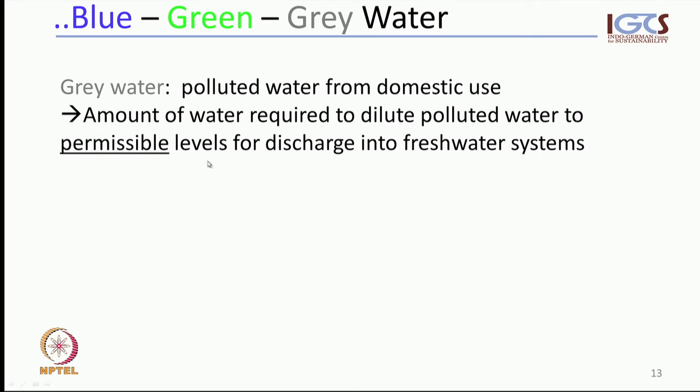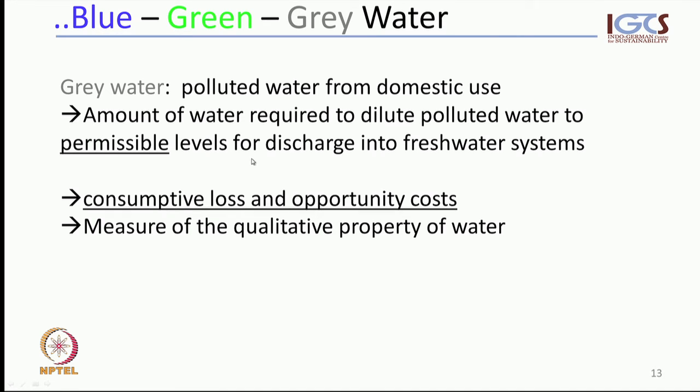So what we mean by permissible is it's a very stretchable, flexible term here. It depends on legislation, if there's any legislation in place, how it's been implemented. We will come back to this at a later stage, but what we see is that it's a measure of qualitative properties of water.